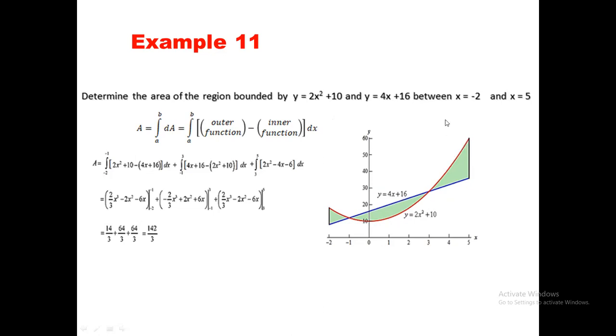Now, it is bounded by these two vertical lines, x equal to -2. So as such, you start here with x equal to -2, and you're going to end with x equal to 5. In this sense, you will be determining 3 areas. 1, 2, 3.